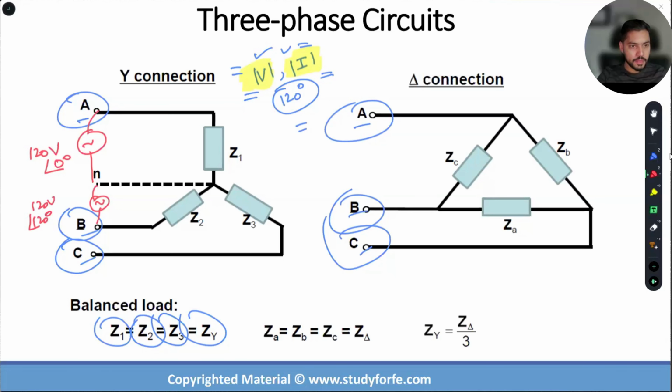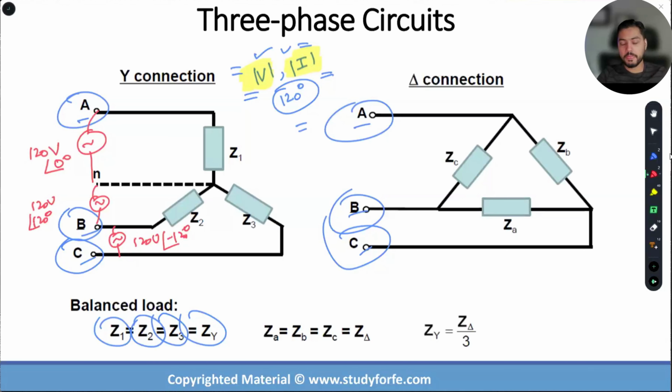Good? All right. You can basically have another source over here, 120 volt, at minus 120 degrees. As far as the source side is concerned, we are maintaining the voltage magnitudes. The phase angles are all looking very pretty, 120 degrees apart.